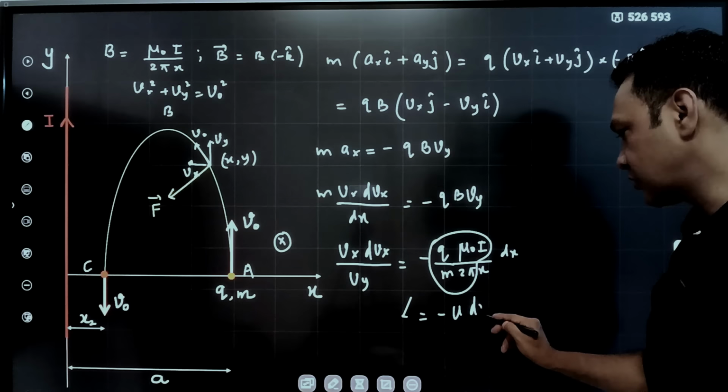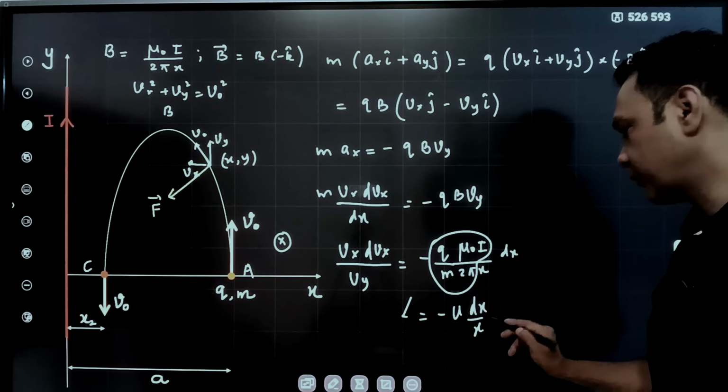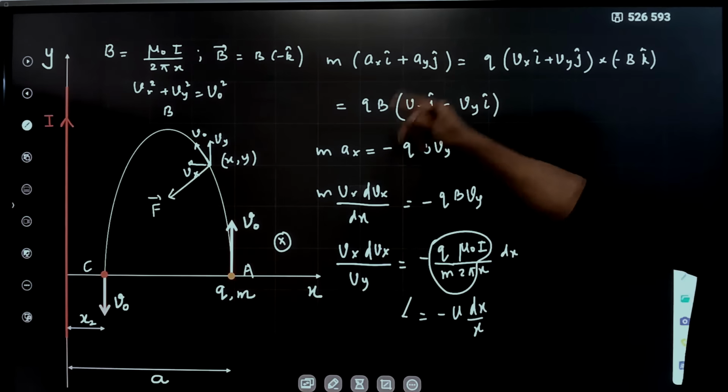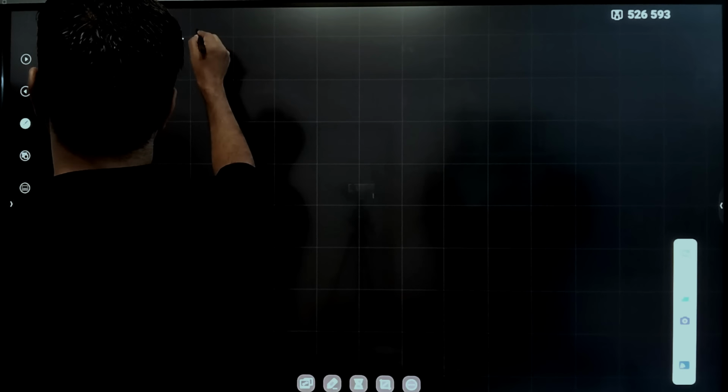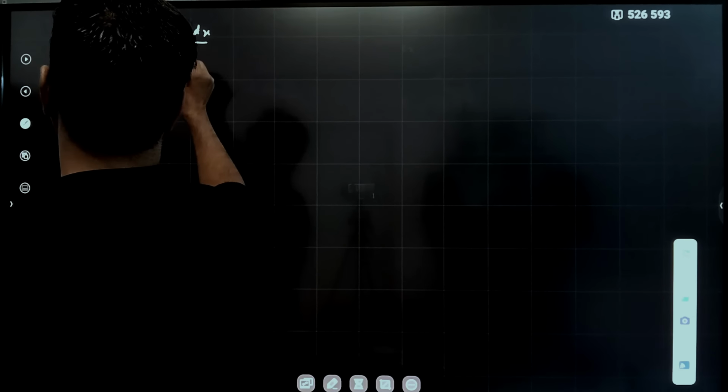So that is minus u dx by x. Now let me take this on to the next page. So what we got: Vx dVx divided by Vy is equal to minus u dx by x.